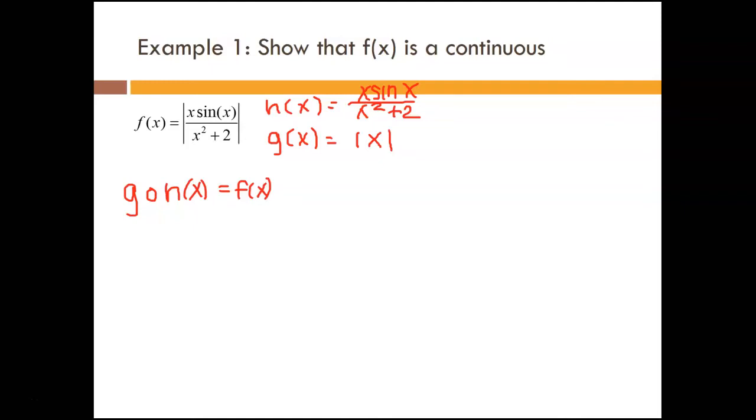So we've said that g of h of x is equal to f of x. And we said that g of x is equal to the absolute value of x. We know that g of x equaling the absolute value of x is a continuous function because we know that the absolute value is continuous.